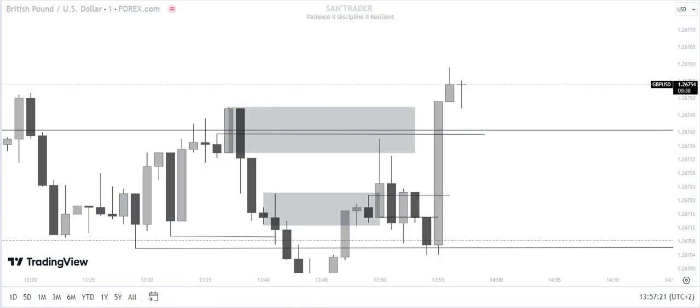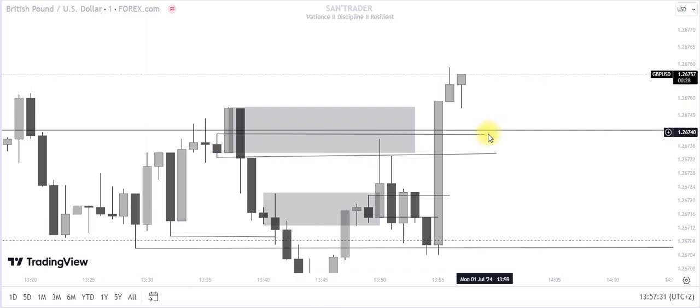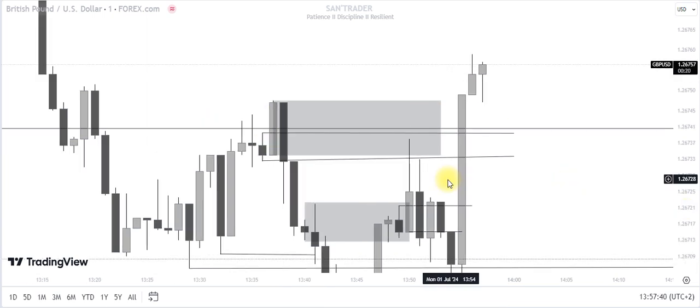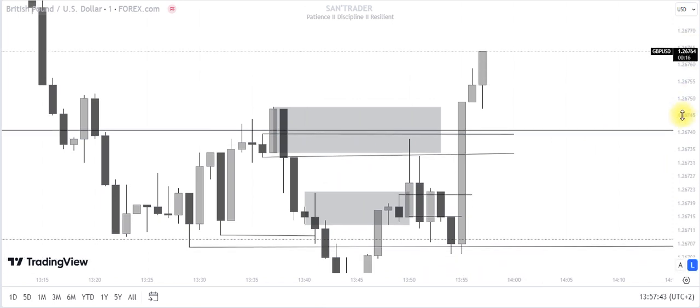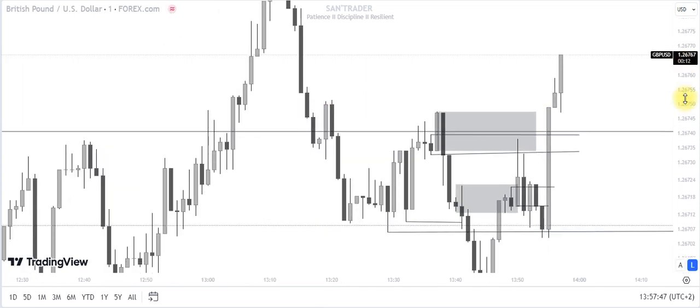This can also be used as PPL. Okay. So guys, this is part 1 of your institutional support and resistance. So master this first, and then I will introduce the other ones.